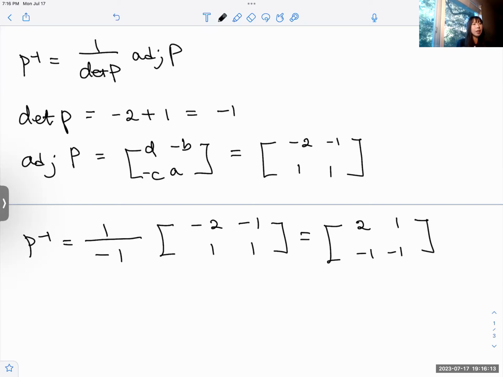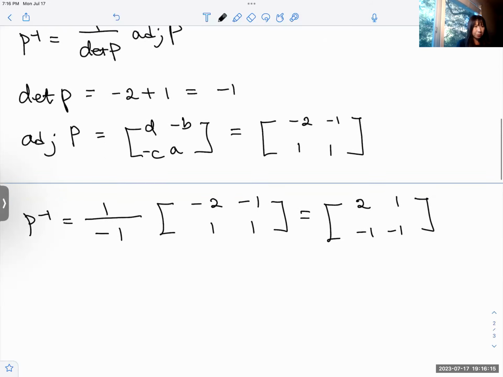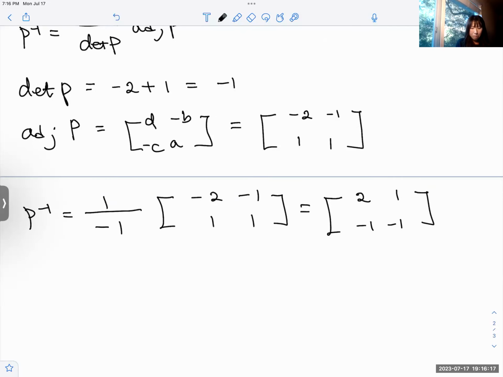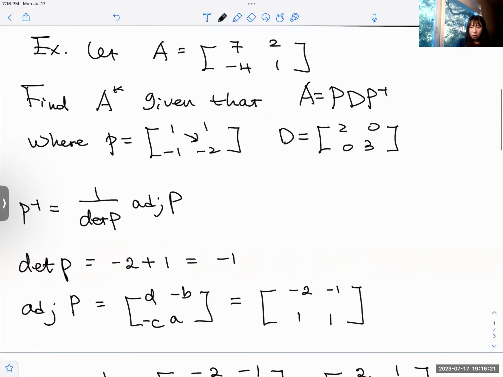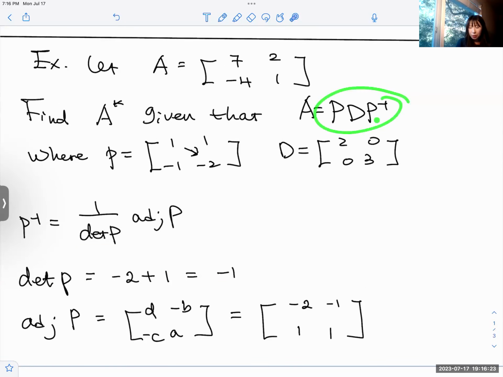All right, so we have A squared. We are going to use the product of matrix P, the diagonal matrix, and the inverse of matrix P, right?